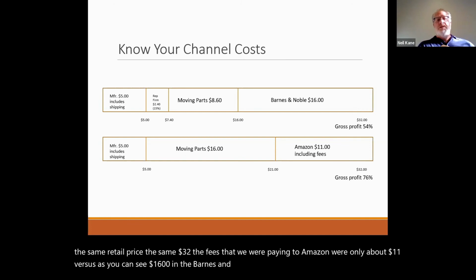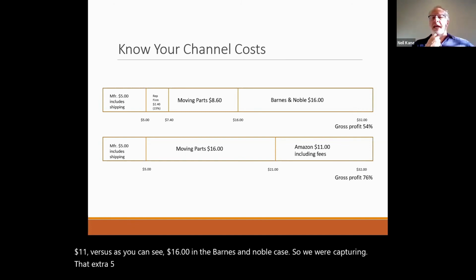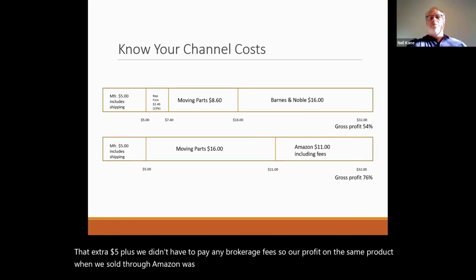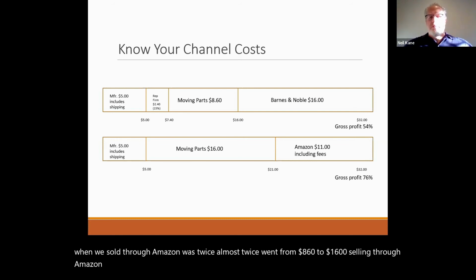So we were capturing that extra $5, plus we didn't have to pay any brokerage fees. So our profit on the same product when we sold through Amazon was almost twice. It went from $8.60 to $16 selling through Amazon as opposed to Barnes & Noble.